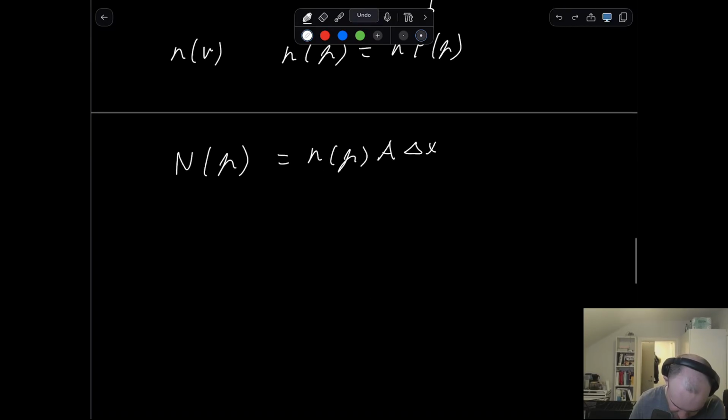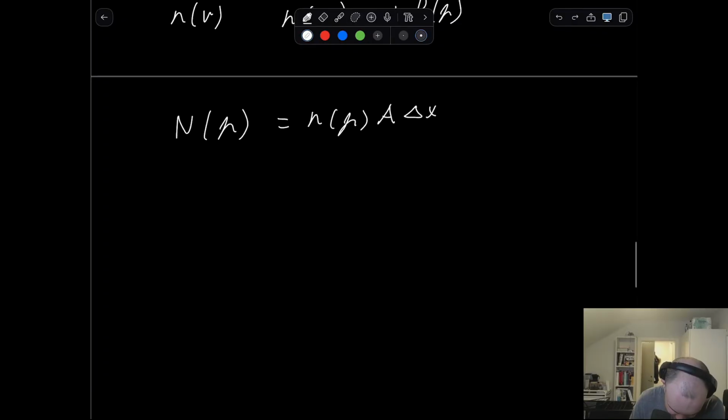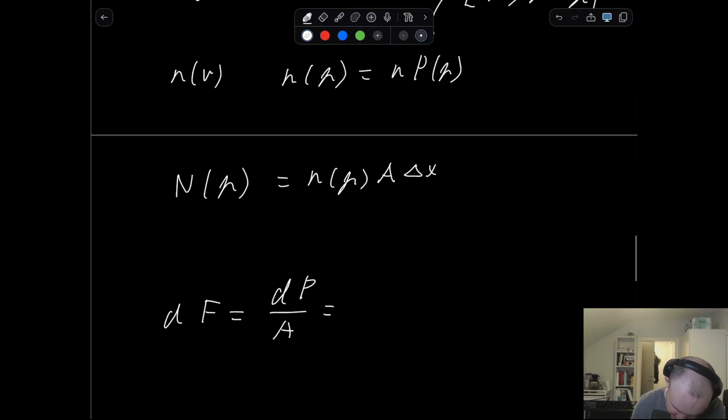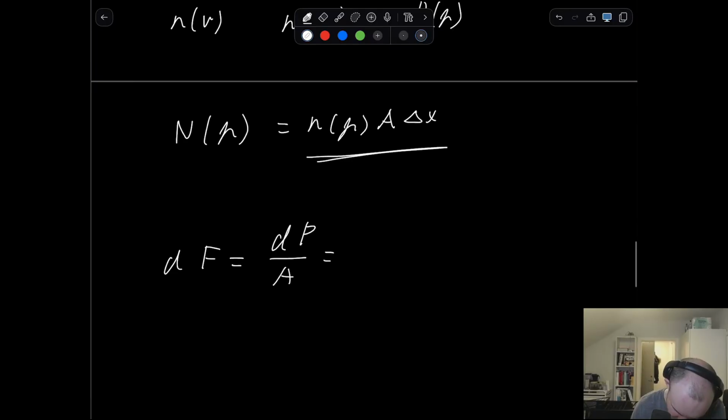That works, okay. Let's model the force. Now, the total force dF, because that's just the change in force that the particles exert on the wall, is of course just dp over A, but now we have it because this was the total momentum from all the particles, right?